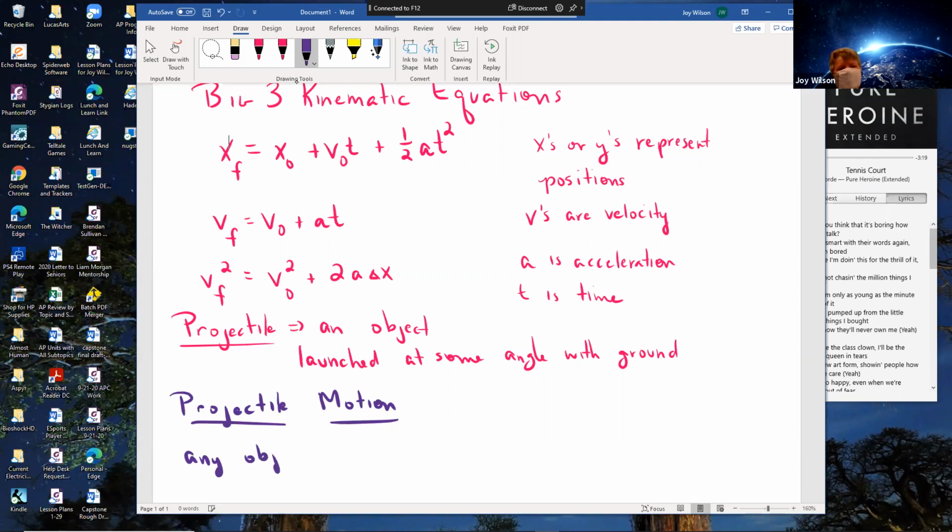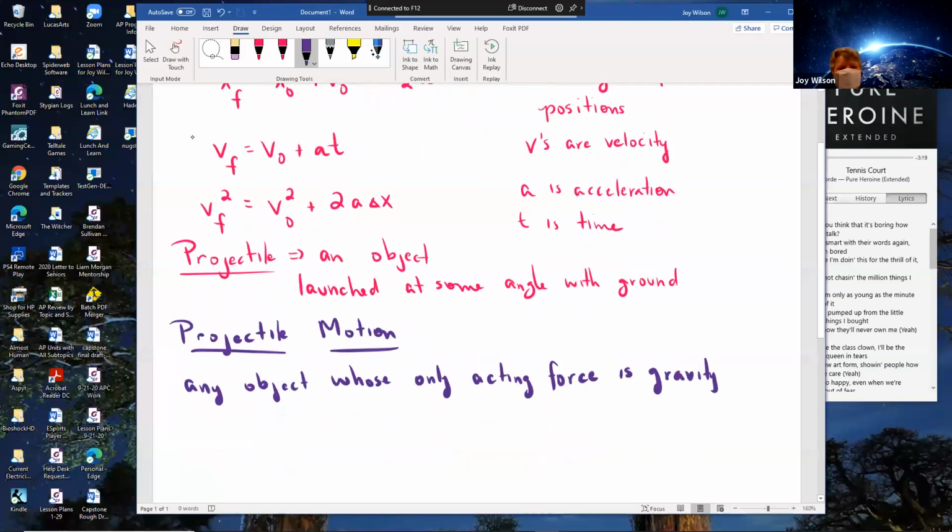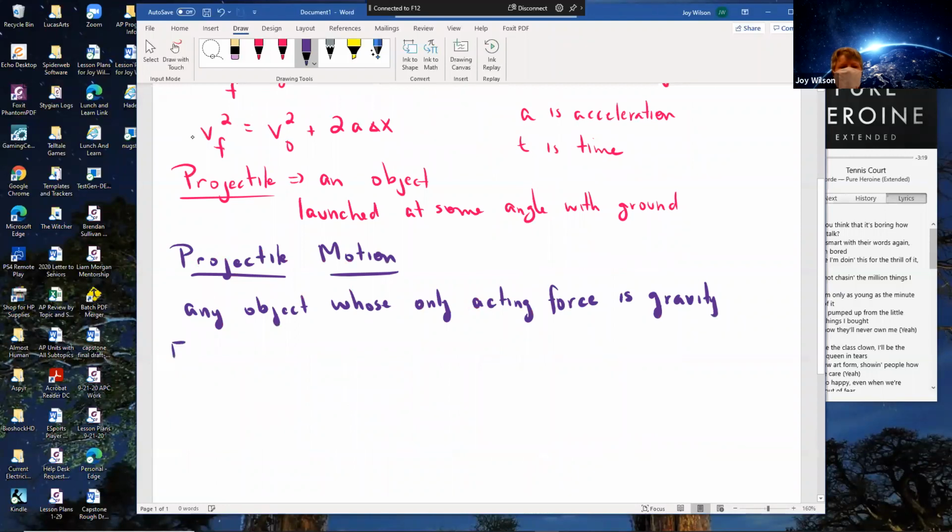Any object whose only acting force is gravity. In other words, any object, the free body diagram will always look like this.